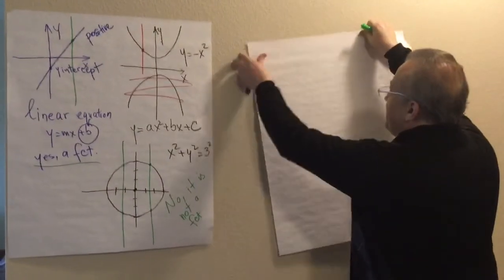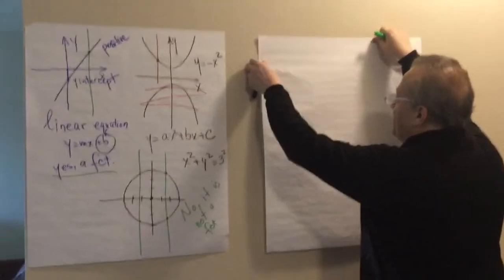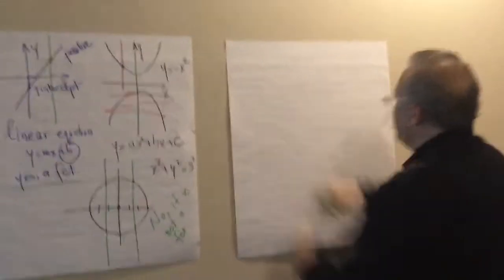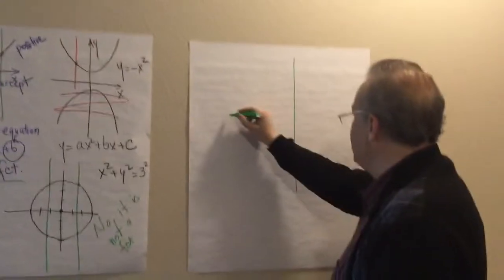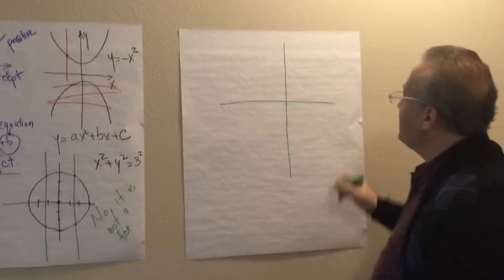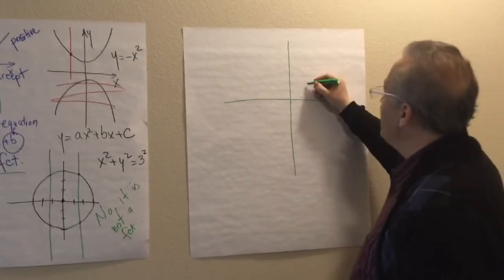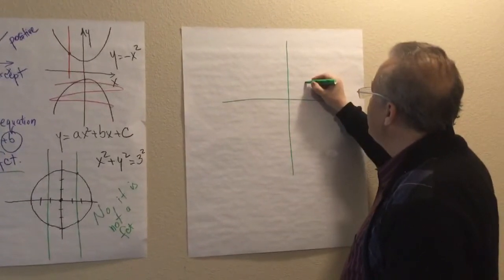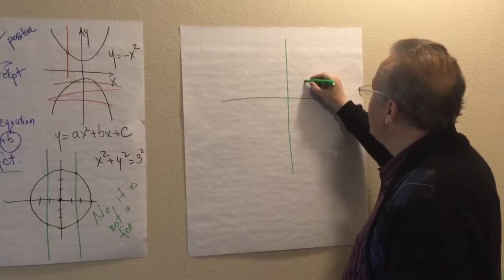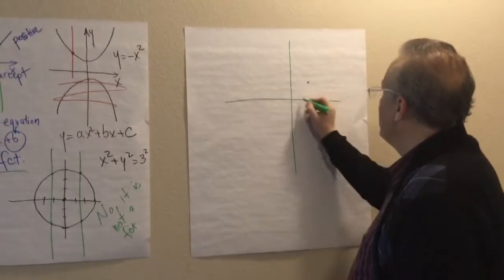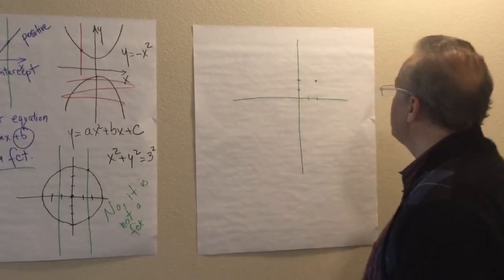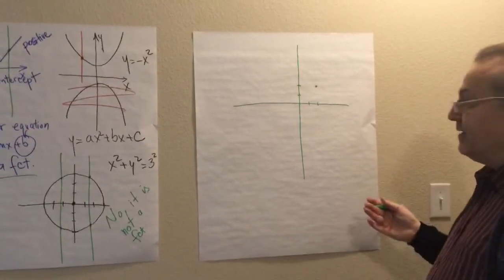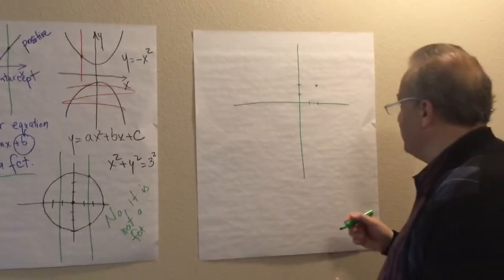So, I'm starting with the coordinate plane, but my location this time is, let's see, right here. 1, 2, 1, 2. Okay, how am I going to write the equation?